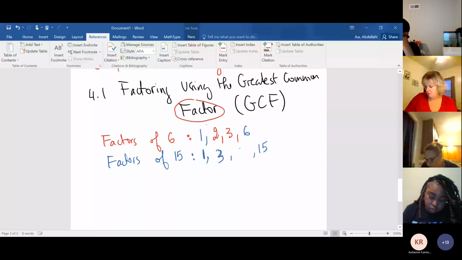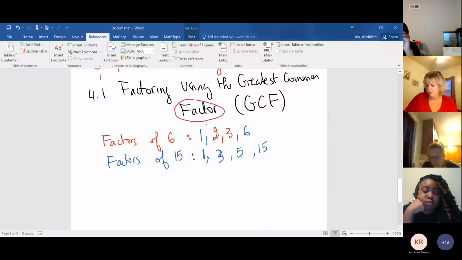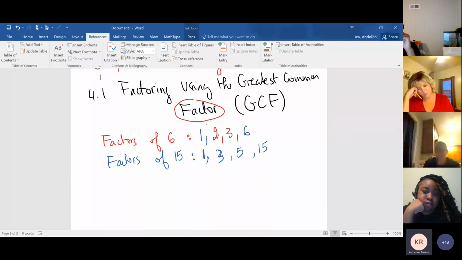If you don't want to forget anybody, you go pair by pair. Look at them both. What are the common factors between them? 3 is the greatest one, but what are all the common factors? The common factors are 1 and 3.